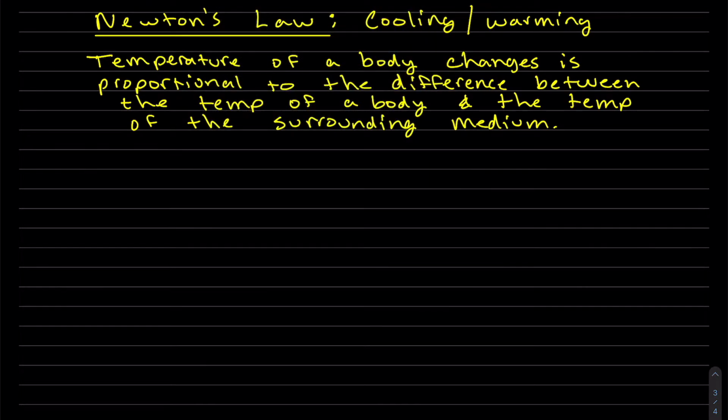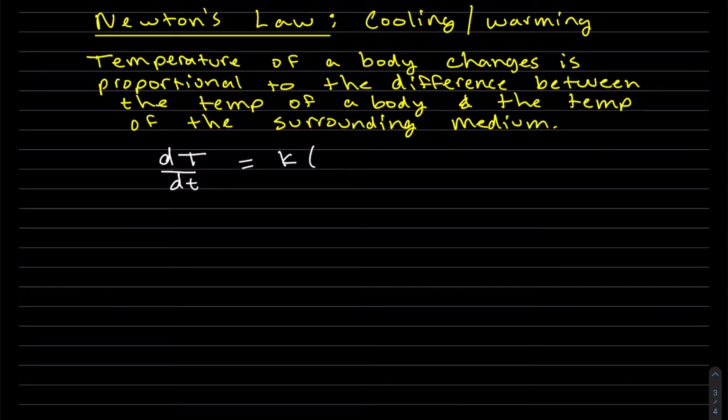Just translating this, really. We've got the temperature of the body changes. Changes is the rate. So it's the rate of change of the temperature of the body with respect to time is proportional to K times whatever's following.